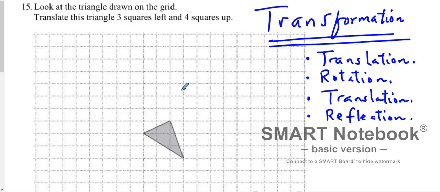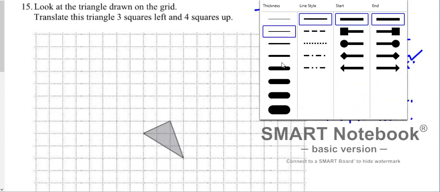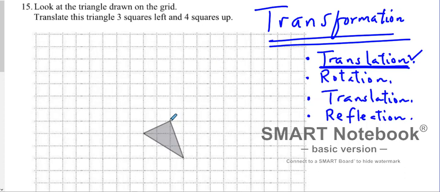Okay, now how do we do translation? To translate a shape, we have a few steps. Step number 1 is to identify the vertices or the corners which make up the shape.